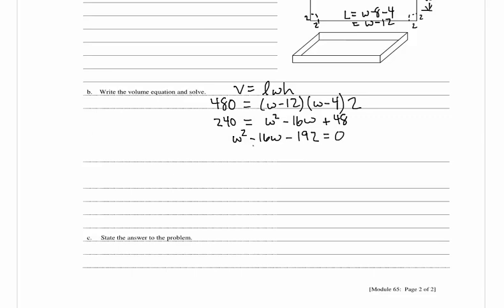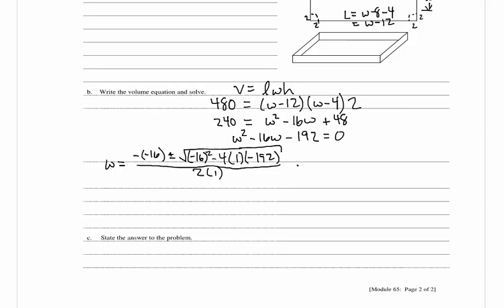And now my a is equal to 1, my b is equal to negative 16, and my c is equal to negative 192. So I can say that W is equal to negative b, so negative 16, plus or minus the square root of negative 16 squared minus 4 times a, which is 1, times c, which is negative 192, divided by 2a, which is 2 times 1.